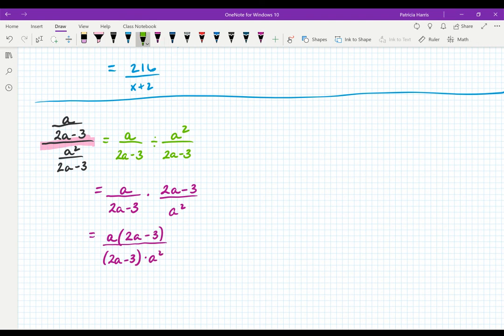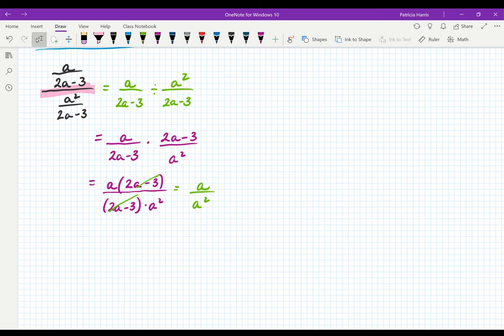Okay, so notice I have matches, so now I have a over a squared, which if you're okay with the rules of exponents, you can go ahead and reduce that right now. If not, you might want to do this, to have a 1 over a, and that is your final answer. Okay, alrighty. So the next operation we will cover is addition and subtraction.